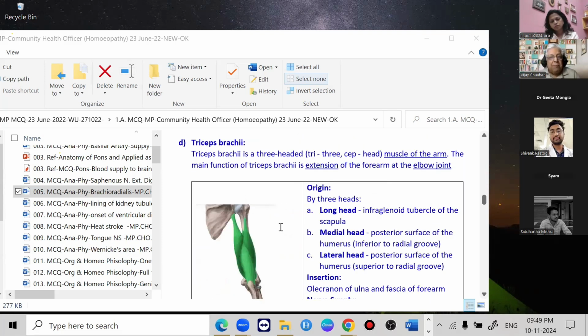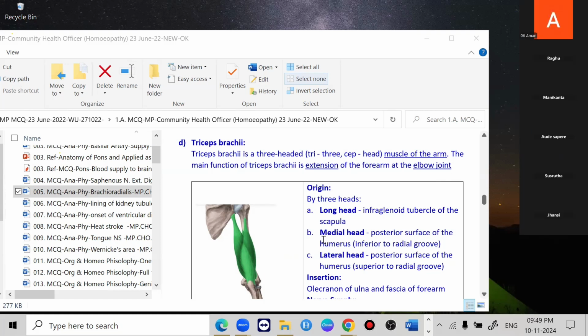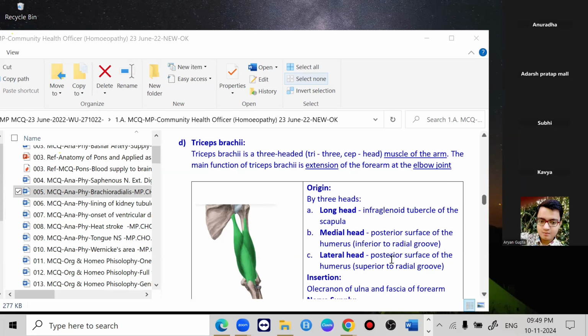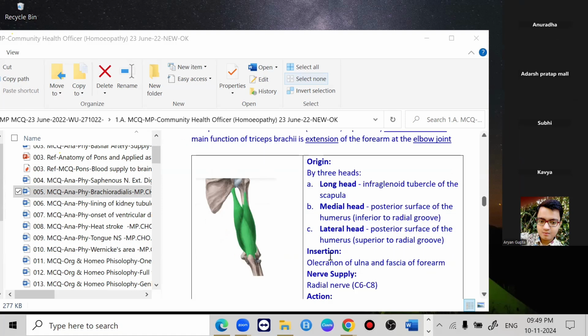So let us also look at the triceps. Triceps means there are three heads; it is a muscle of the arm, the upper arm. The main function of the triceps is extension of the forearm at the elbow joint. The three heads: the long head from the infraglenoid tubercle of the scapula, the medial head from the posterior surface of the humerus, and the lateral head from the posterior surface of the humerus, superior to the radial groove, while the medial head is inferior to the radial groove.